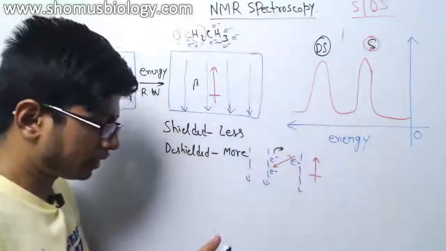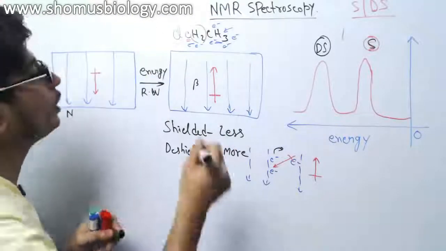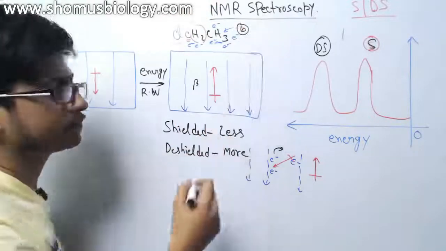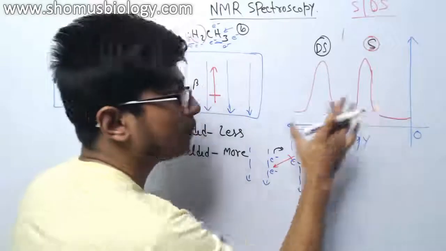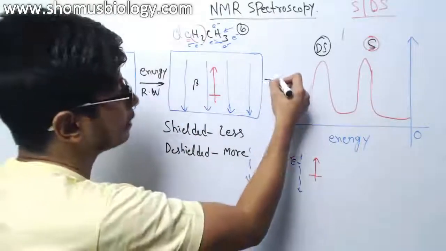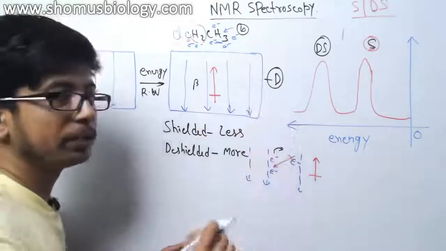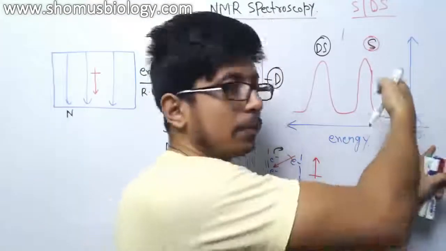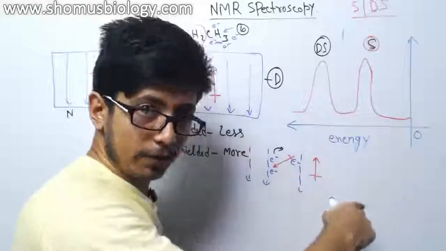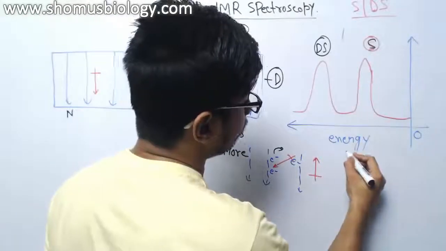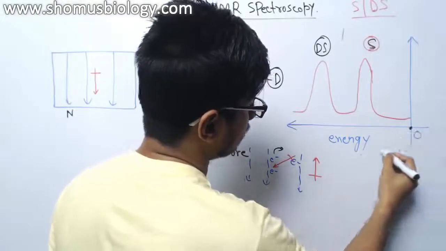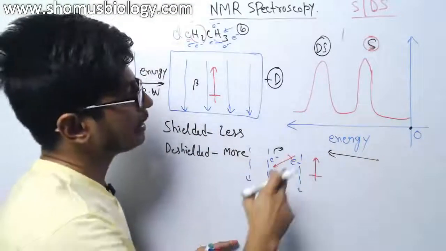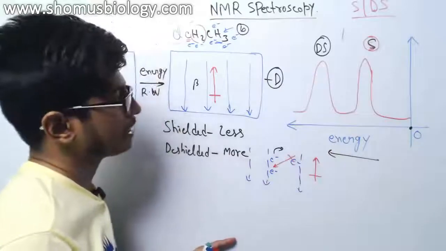So now if we take these two as two populations, this hydrogen as A, this hydrogen as B, what we can see in the actual peak that will be detected by the detector at the end of the NMR machine. Now if you look at the monitor screen, there will be a graph, and that graph is telling us about the energy which starts from this point, and the energy is increasing in this direction towards the arrow, and we have the intensity there.